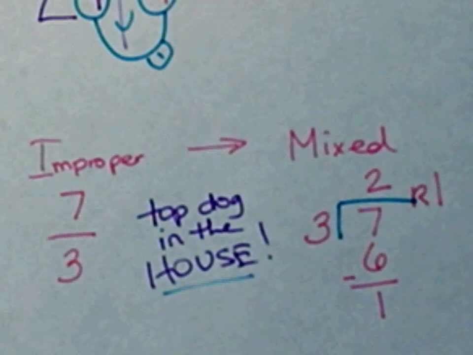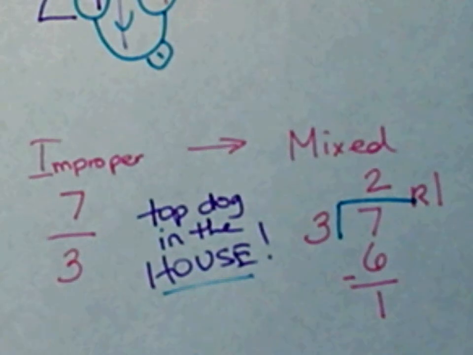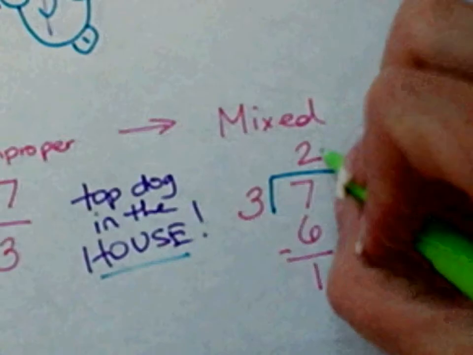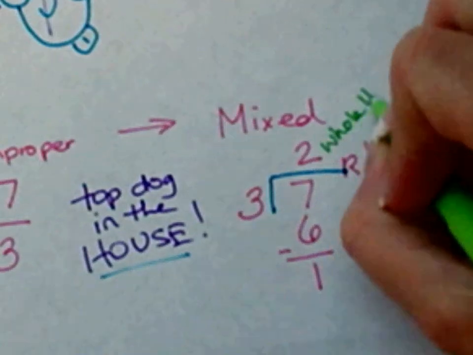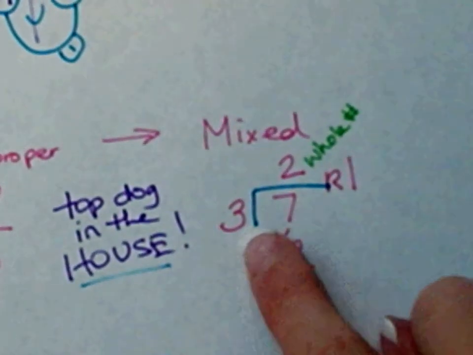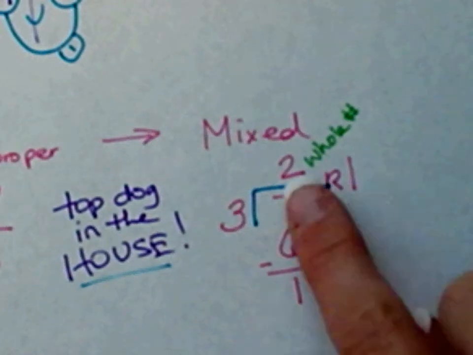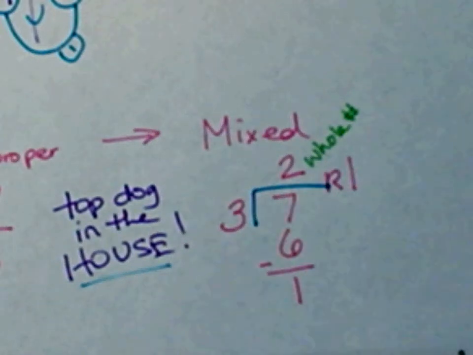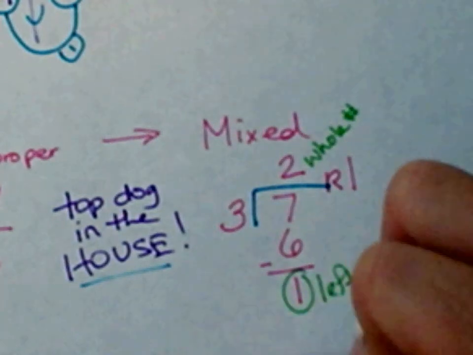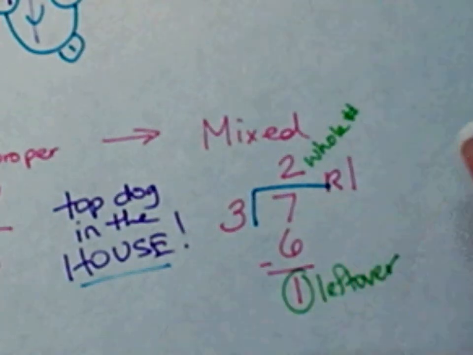The most tricky part of this is we have to know which numbers to put where. Well, you have to think my quotient, or the answer to my division question, is my whole number. That 2 is 2 wholes went in. Remember, we're trying to think how many 3's went into 7? 2 whole 3's could go into 7. My remainder is my leftover.